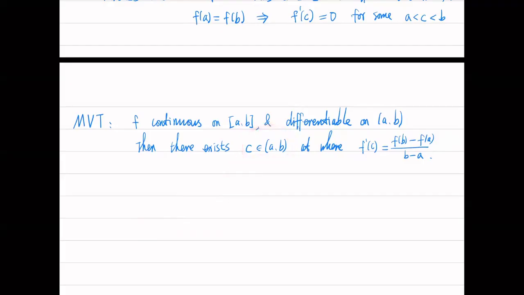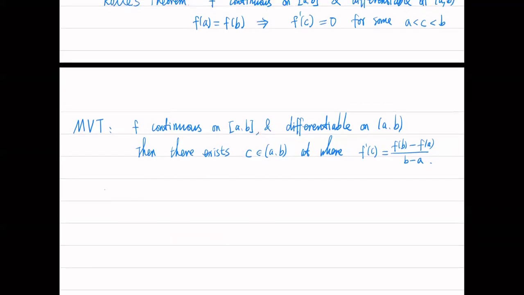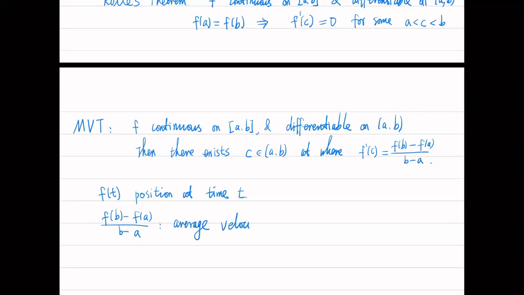So this means if we think of f(t) as the position at time t, then (f(b) - f(a)) over (b - a), the total displacement over total time, will be the average velocity, or the mean velocity.